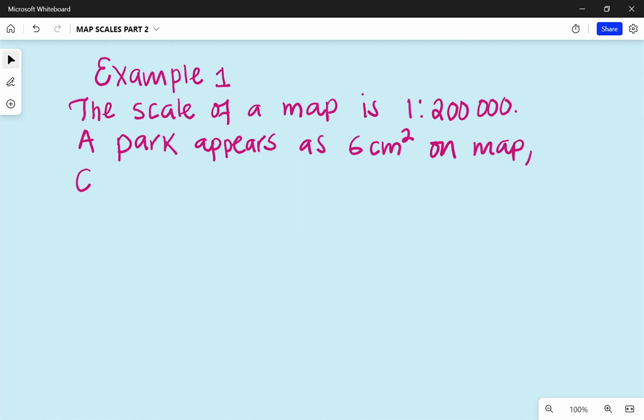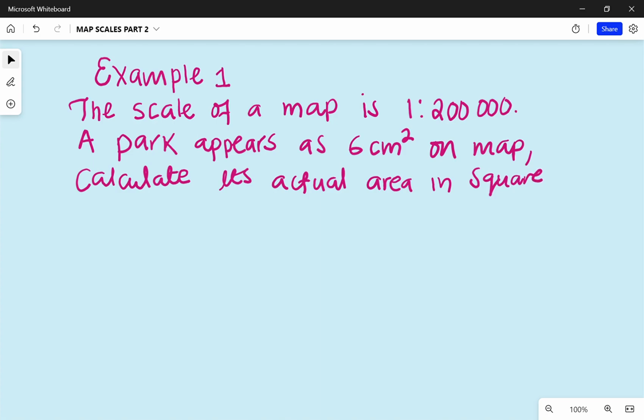Calculate its actual area in square kilometers.